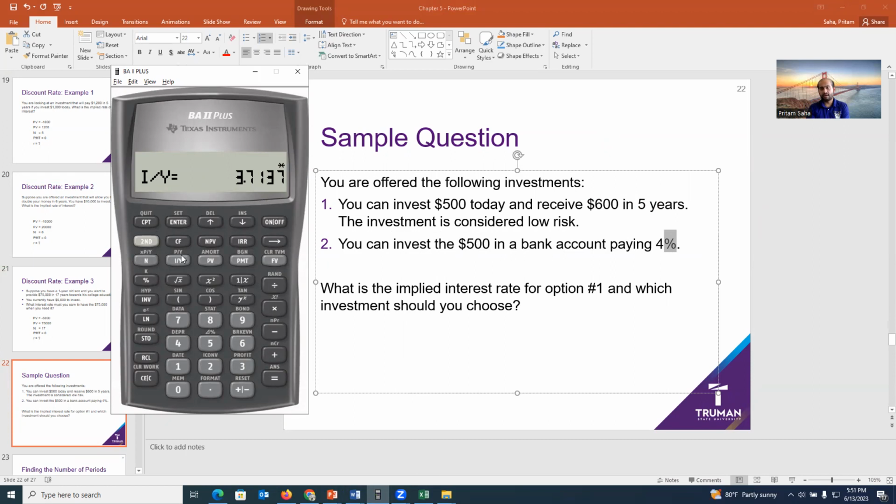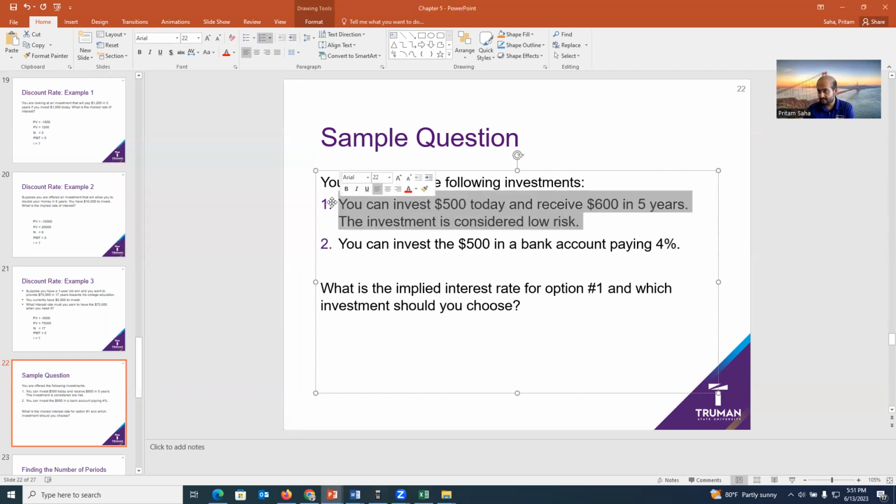On the other hand, the second option is offering you 4% return. Let's just assume both are very low risk, okay? Because going forward, we're going to learn that return is not the only thing we should consider when making an investment decision. It is also the risk. So we have to take care of return and risk at the same time to make a decision. Let's just assume both are low risk. This option is offering 3.7%. This is offering 4%. Go with option B. That's it.